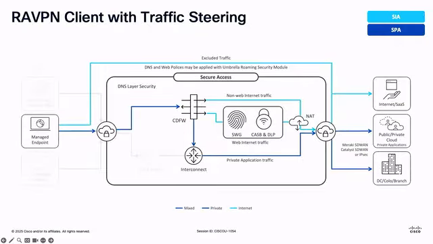And then we have remote access VPN. Again, this is for remote users where you would have the Cisco Secure Client software installed. Instead of the Umbrella module, you would be using the VPN module that would allow you to bring that traffic into Secure Access. This is the same VPN client as the Cisco AnyConnect client, if you're familiar with that.